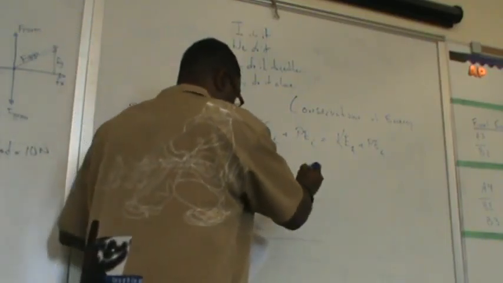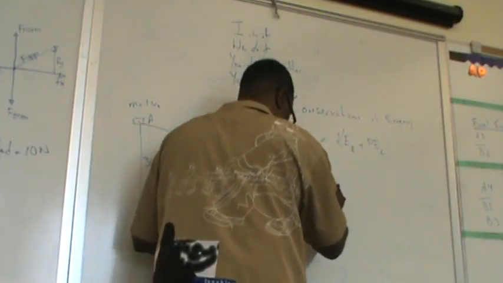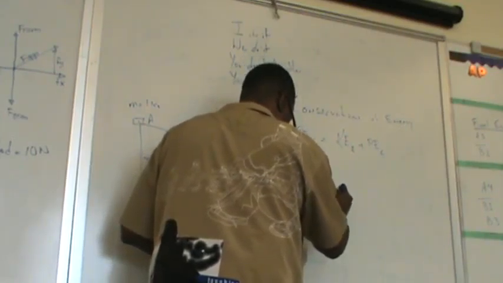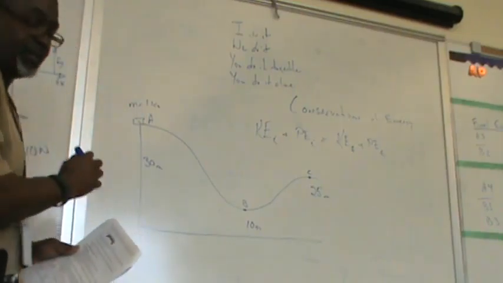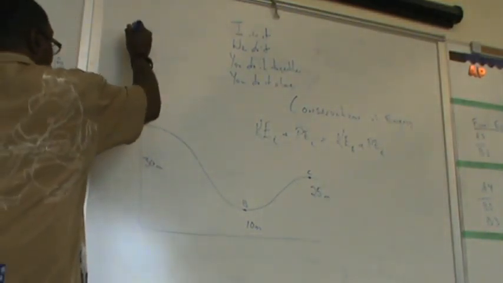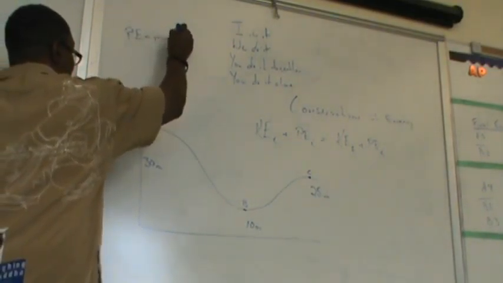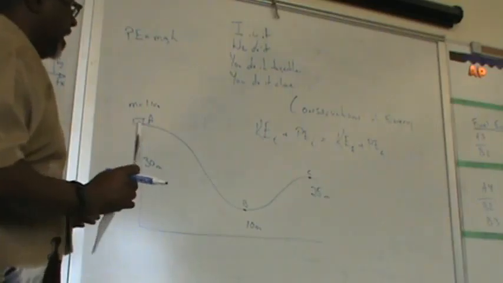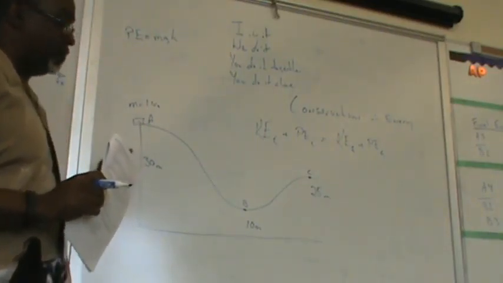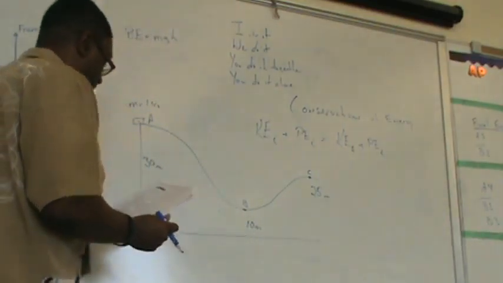And point C right here is 25 meters. Okay, we can see that here. We know from our reading that potential energy equals mgh. So we're going to find the potential energy for point A, point B, and point C.